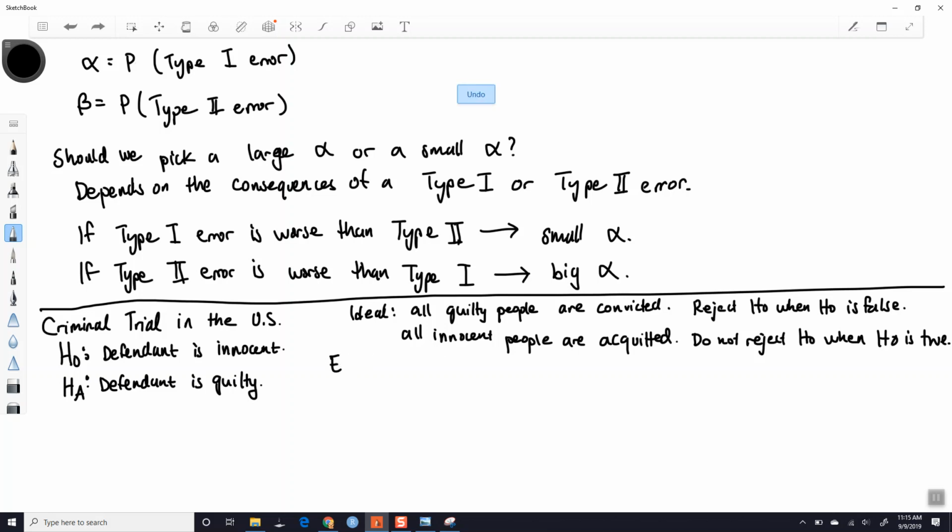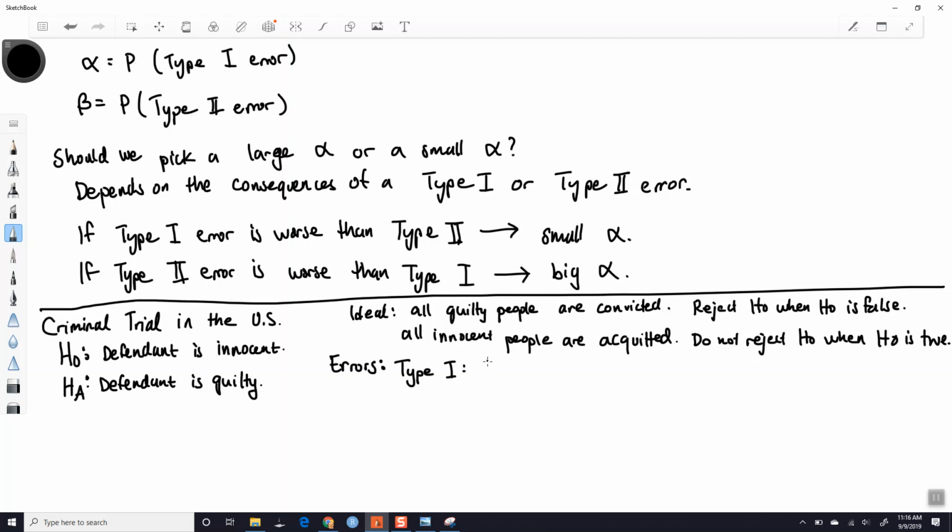All right, so what is a type 1 error? Type 1, the false positive. The type 1 error is we've rejected the null, meaning that we have come to the conclusion that the defendant is guilty, but in reality, the null hypothesis were true, that in reality, the defendant is actually innocent, okay?